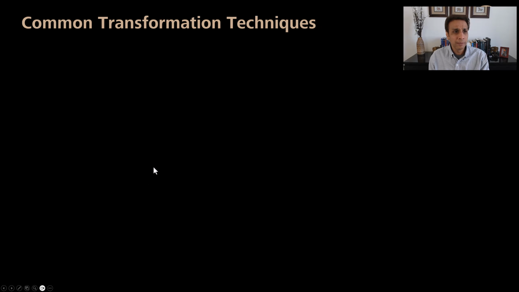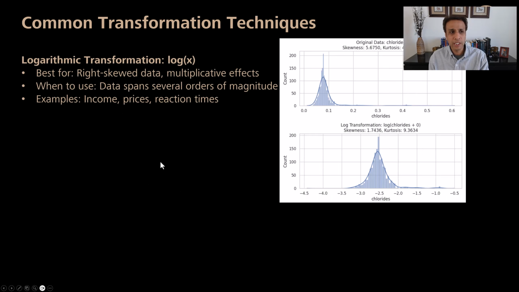Now, what common transformation techniques do we have? Logarithmic transform. Going back to the data I showed you earlier, if you apply a log transform to this, it may actually bring everything to a normally distributed space. Log is basically just applying a logarithm to your x. And of course, it's very useful if you have data that spans multiple orders of magnitude.